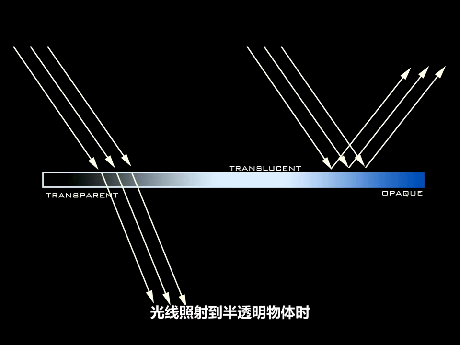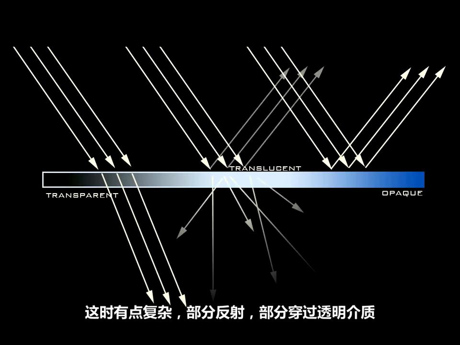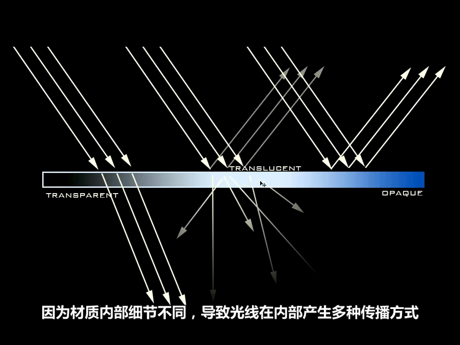But what if we have something translucent or semi-opaque, somewhere in between these two? The light comes in, and it gets a little more complex because some of it reflects off the surface and some of it passes through, but because of the tiny details of the material, it's bouncing off multiple internal surfaces and scattering out.